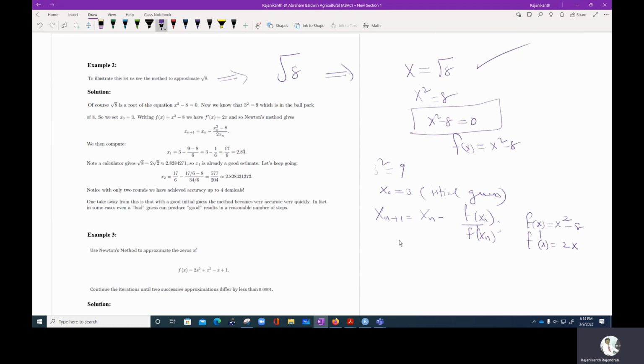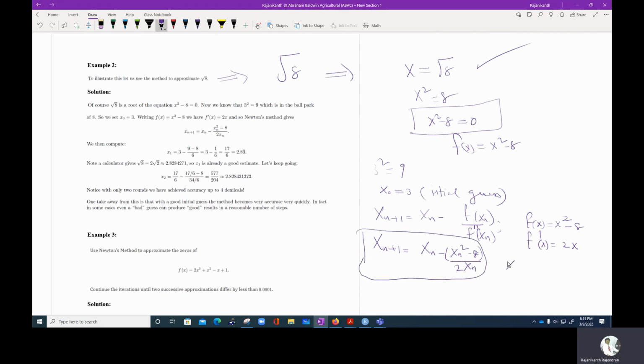Now if you plug everything into this formula, you will get x(n+1) equals xn minus, what is f of xn? Simply take the f function and replace x by xn. Then this is all divided by f prime of xn. f prime is 2x, right? So which is 2xn. Now this is the iteration formula you have.